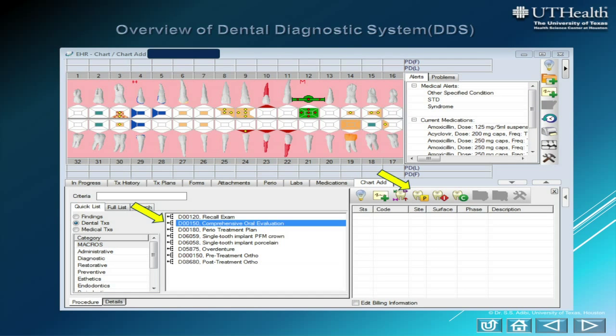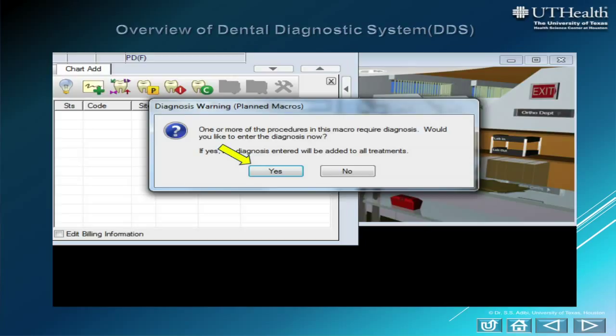Then you will need to plan this procedure code by clicking the Plan tab with the yellow arrow pointed here. Here you will be prompted to select a diagnosis for your procedure planned.